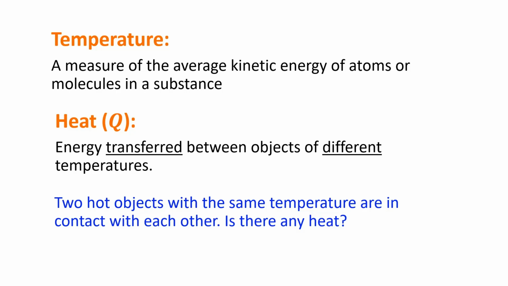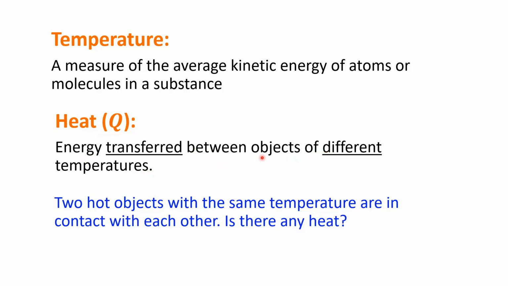Let's say we have two objects with the same temperature and they're in contact with each other. Is there any heat? With the way we use the word heat in everyday life, we would maybe say yes, because we have hot objects, so doesn't hot mean lots of heat? Well, from the definition of heat, no, that's not how it works.